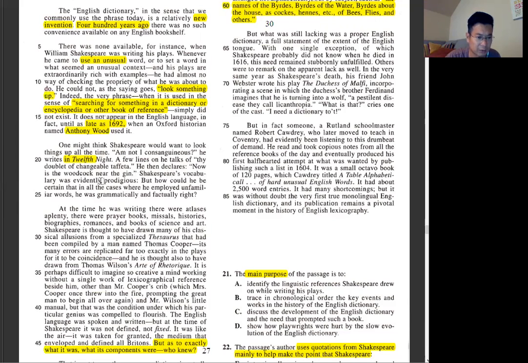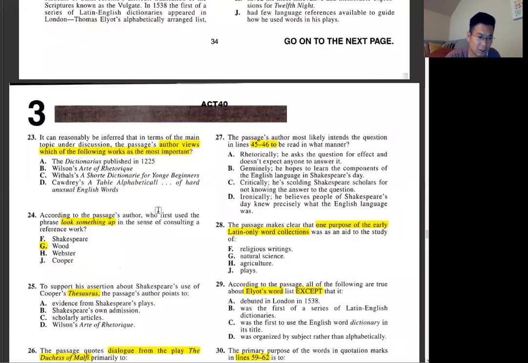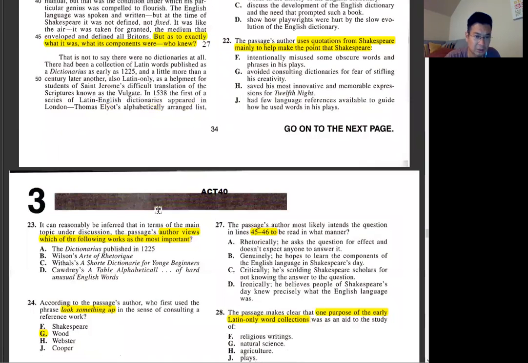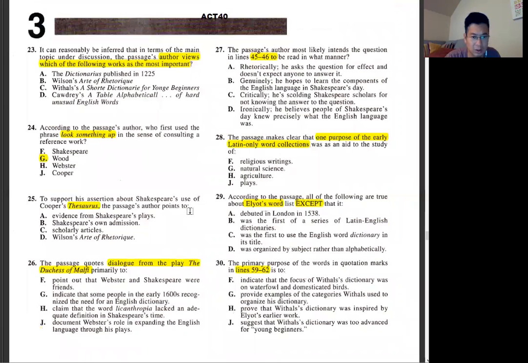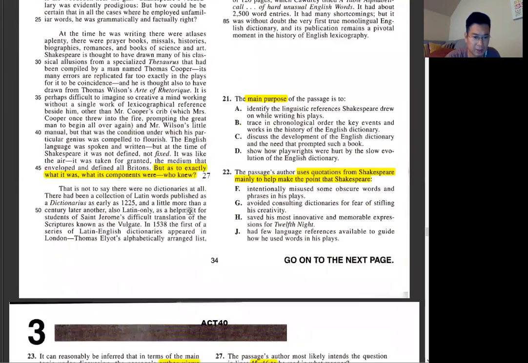The vocabulary was inevitably prodigious, but how could he be certain that in all the cases where he employed unfamiliar words, he was grammatically and factually right? So we pause on a question. I believe they're talking about one thing about this. I don't know. I thought that there was something about the. No, let's just move on.